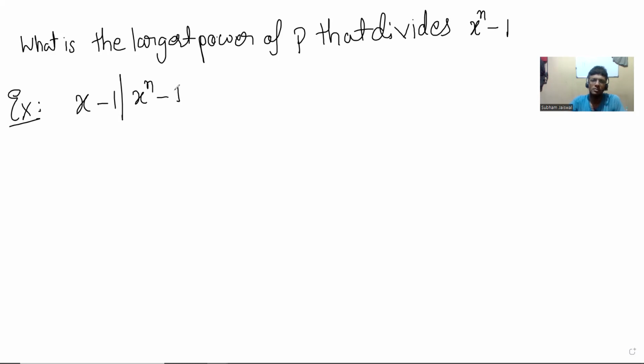So let's try to apply this result first to find prime factors, and then we can extend to find what is the largest power of a certain prime that divides. That will be a more generalized question.